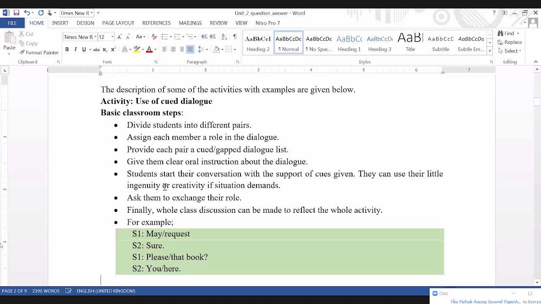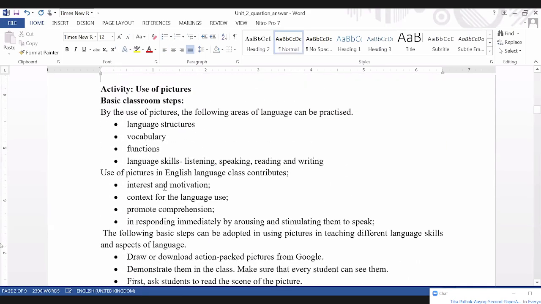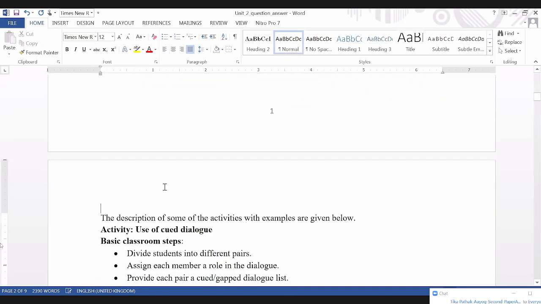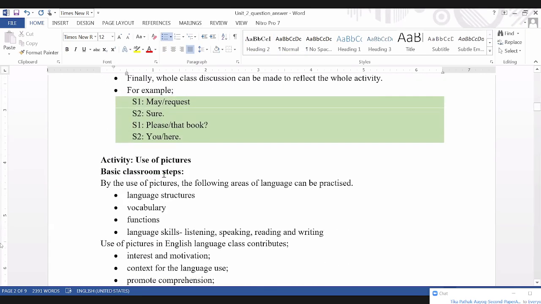Use of dialogue, use of pictures. Pictures might help you with basic classroom delivery steps. Here also, use of pictures. By the use of pictures, the following areas of language can be practiced.